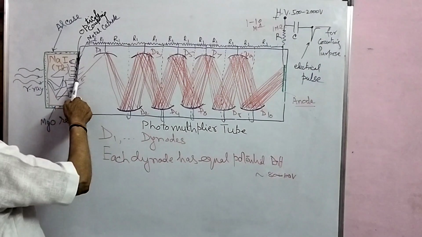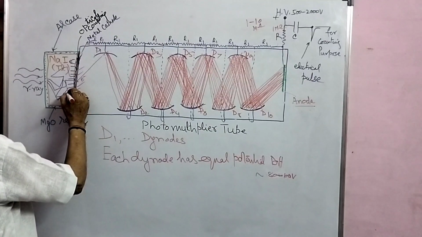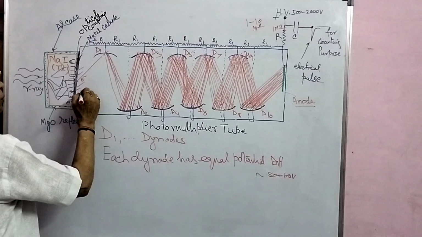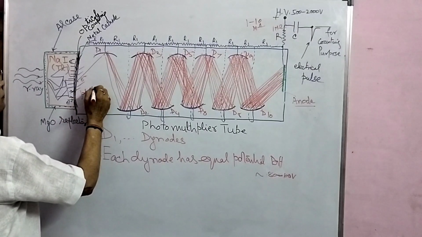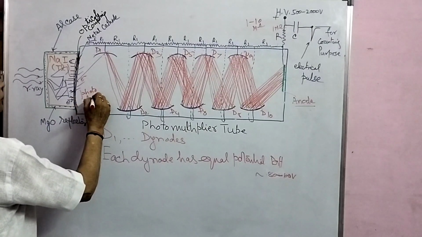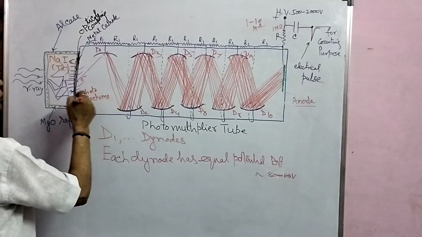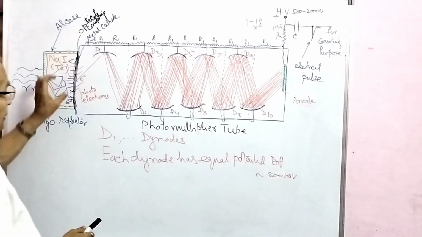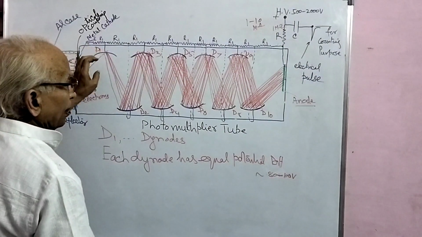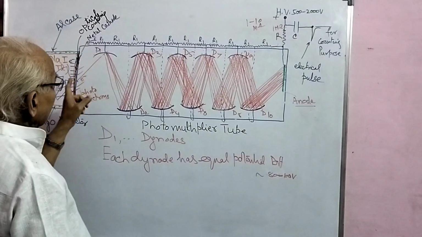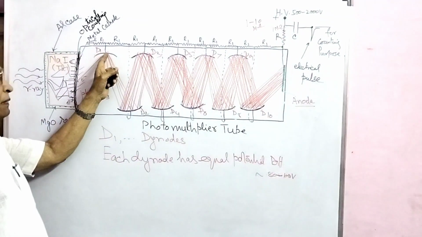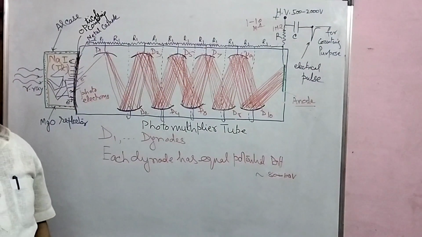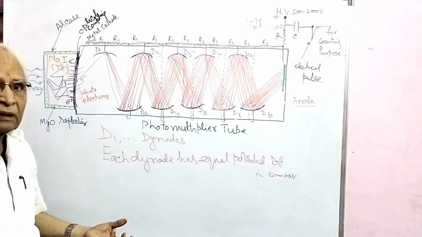So here we have photons falling on this. So these electrons are now photoelectrons. I have shown one, it may be hundreds or thousands. These electrons falling on the first diode, because they get accelerated by this high potential difference, 100 volt or 80 volt, get higher velocity and energy.